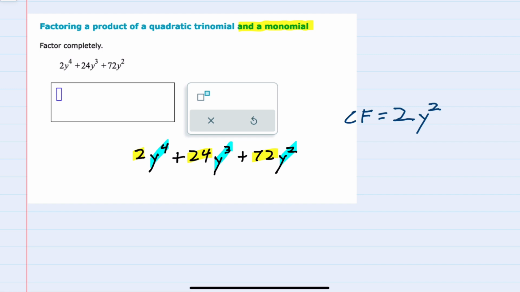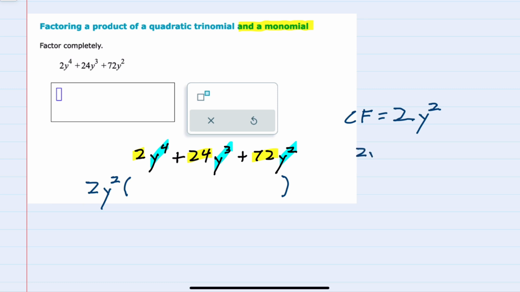Now that I've identified the greatest common factor for these three terms, my first step will be to remove that greatest common factor, 2y squared. To determine what our remaining terms are inside the parentheses, I'll take each of these terms.